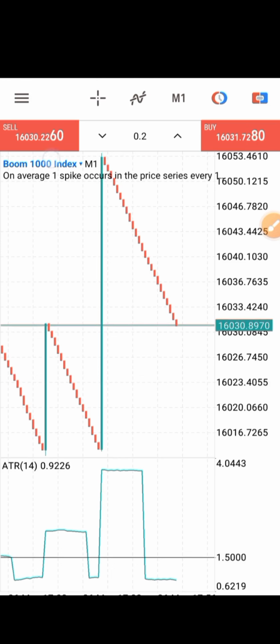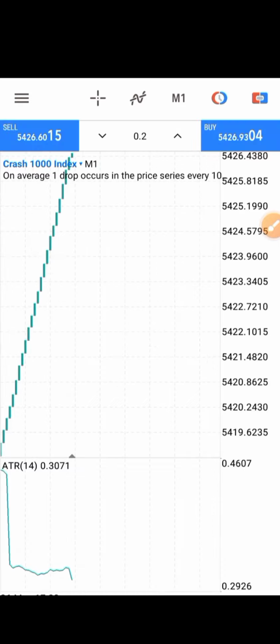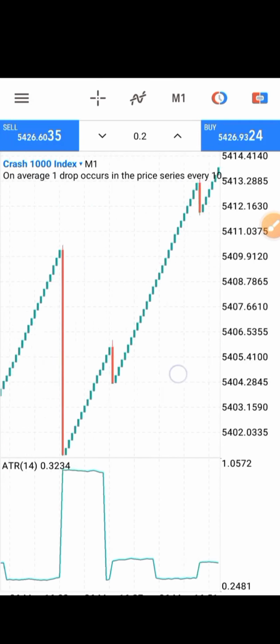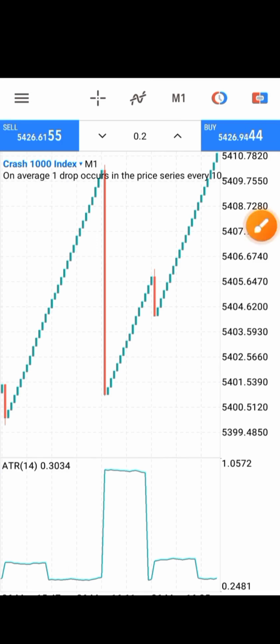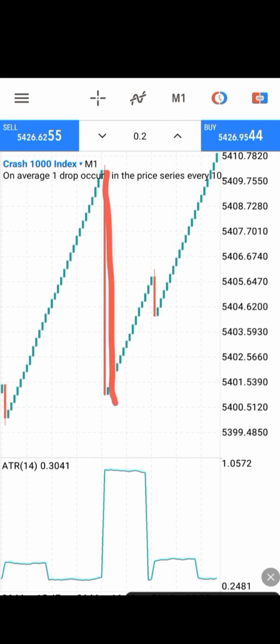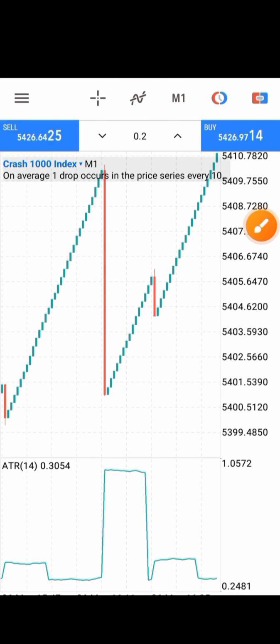You know that when the spike happens on Crash, the spike faces down. The market crashes down. Why Boom? The market booms up. So when the market crashes down on Crash, the average true range moves up. So you know there's a contradicting movement here. One moves down, the other moves up immediately.